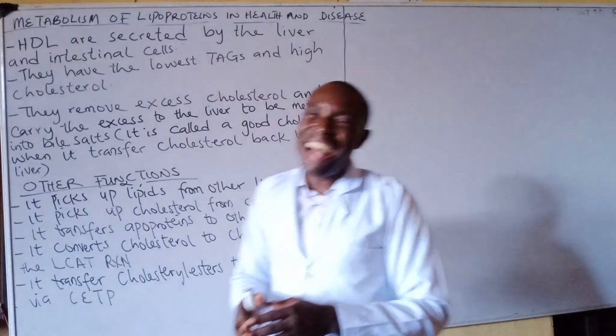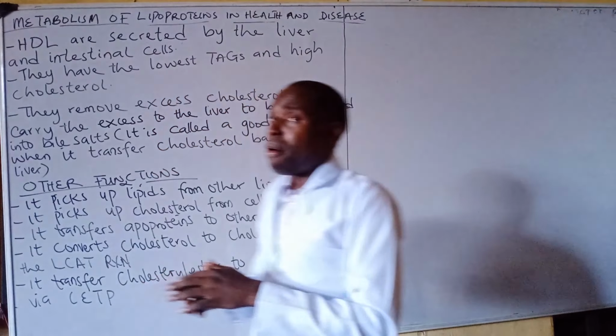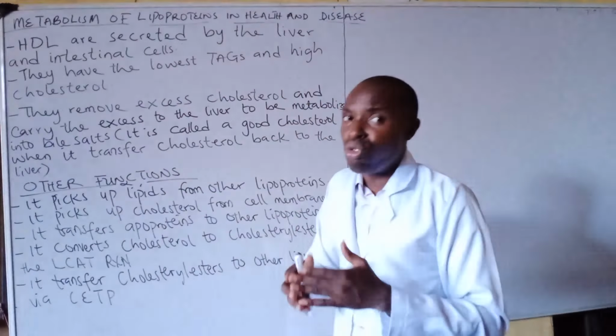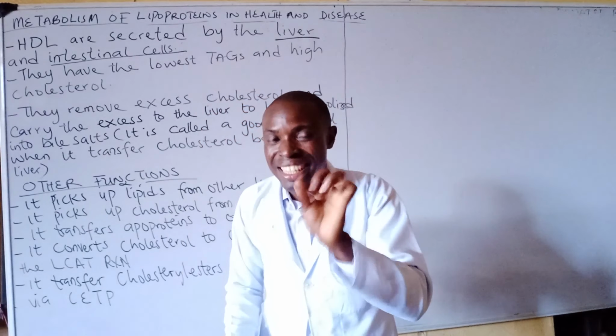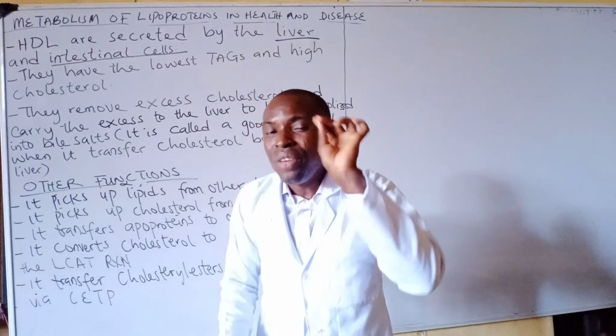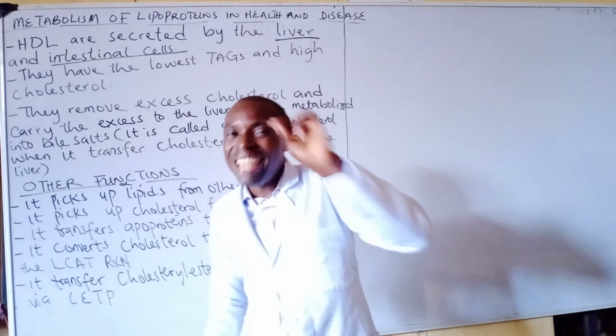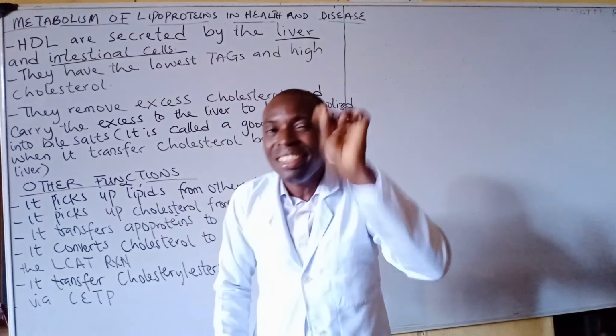HDL are produced by two parts, the liver and the intestinal cells. We've talked about how chylomicrons are only synthesized in the intestinal cell, while the VLDL and the LDL are synthesized in the liver.